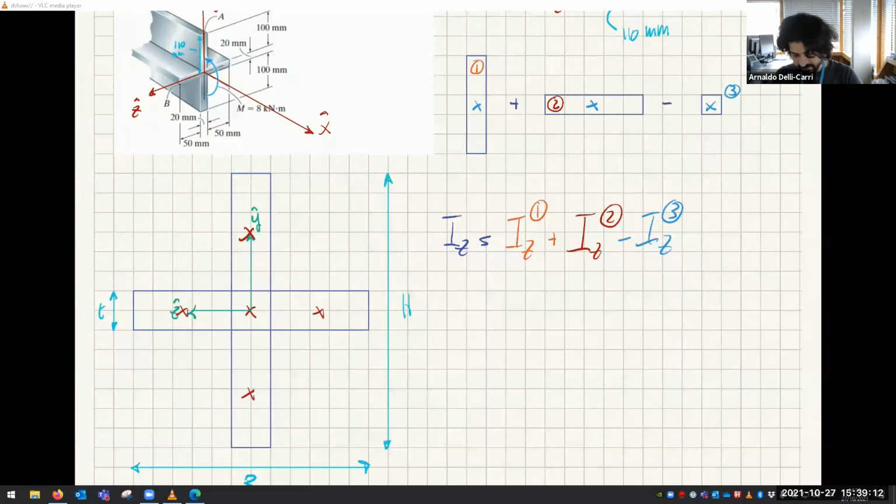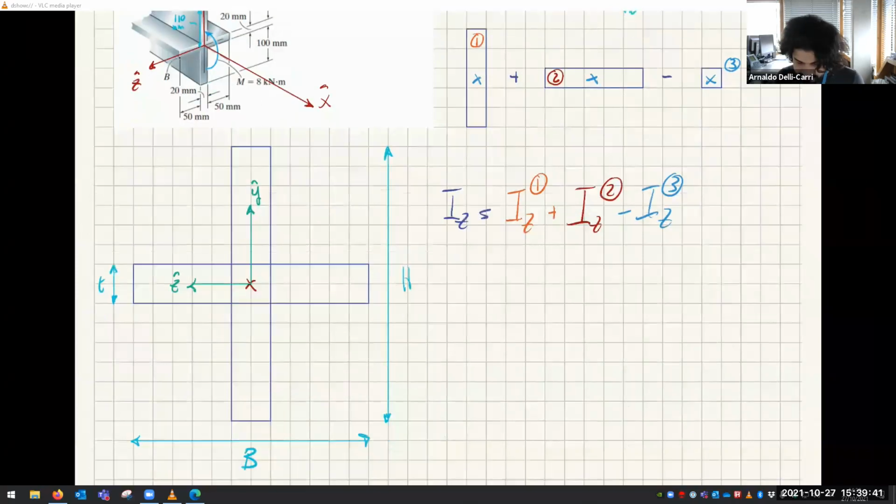Now these 3 are aligned along Iz, so for these you can take them without the parallel axis theorem, but these 2 are not on the z-axis, so you need to use the parallel axis theorem with this distance and this distance. Okay, so again, different way of doing it. Some of them are more complicated than others. So try to be smart about it.